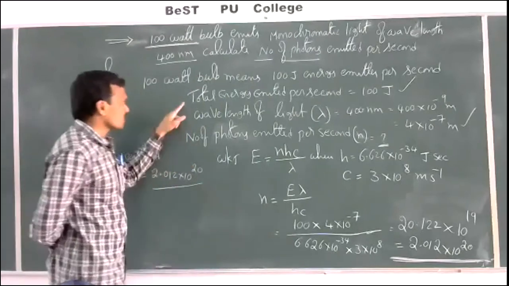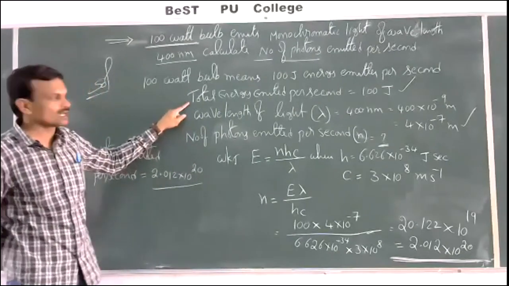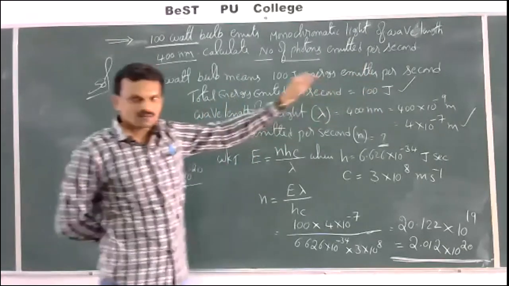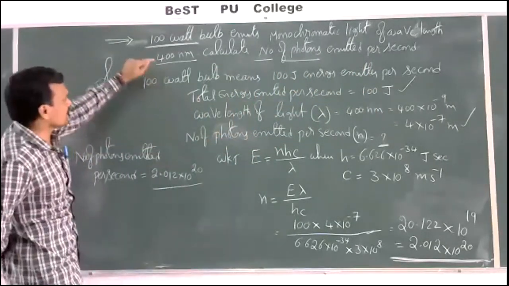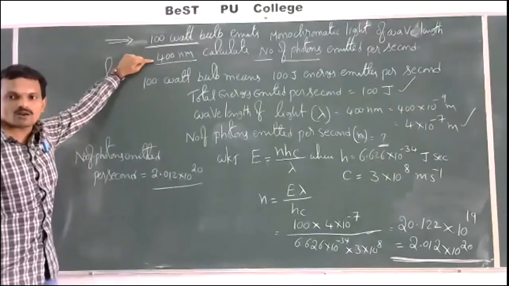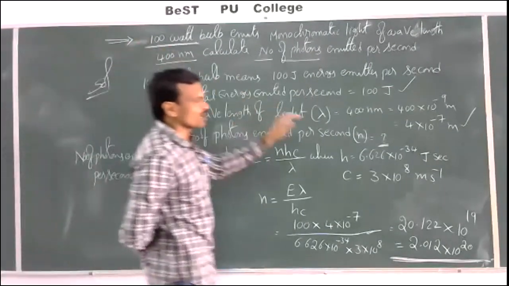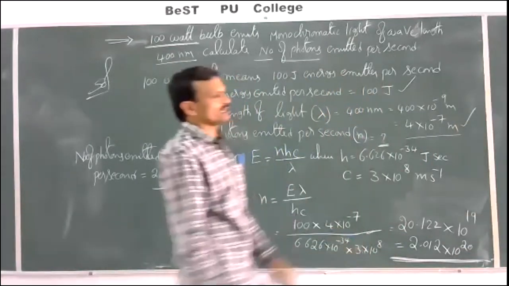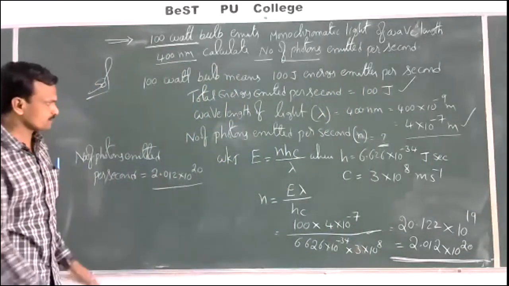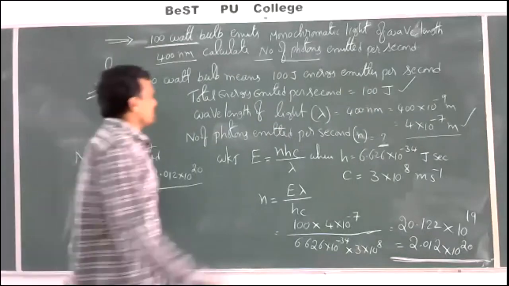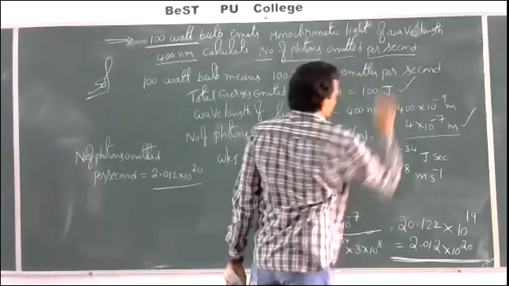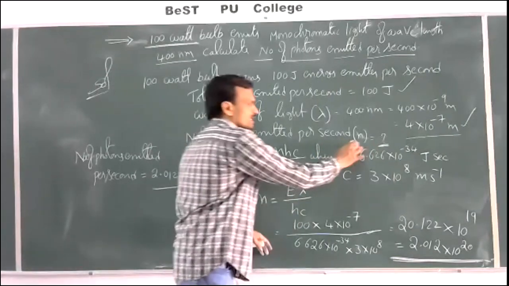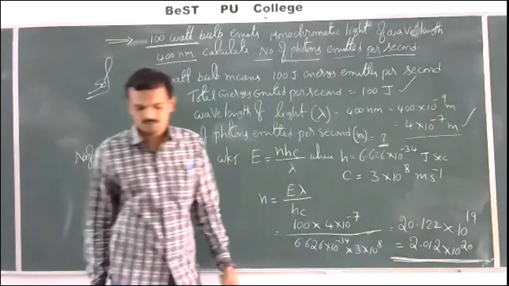Therefore the total energy emitted per 1 second is equal to 100 joules. Given the wavelength of the emitted light is 400 nanometers. Converting into meters, we get 4 into 10 power minus 7 meters. And we have to calculate the number of photons emitted per second, n.